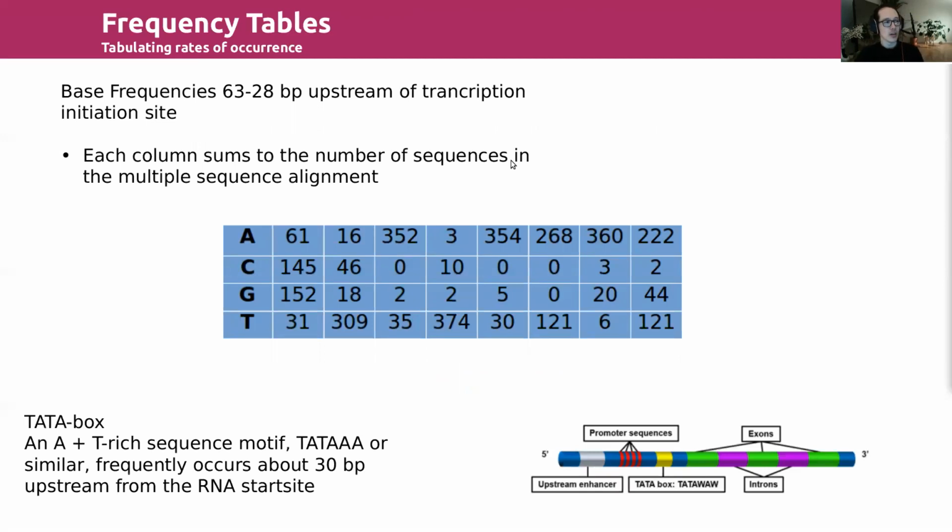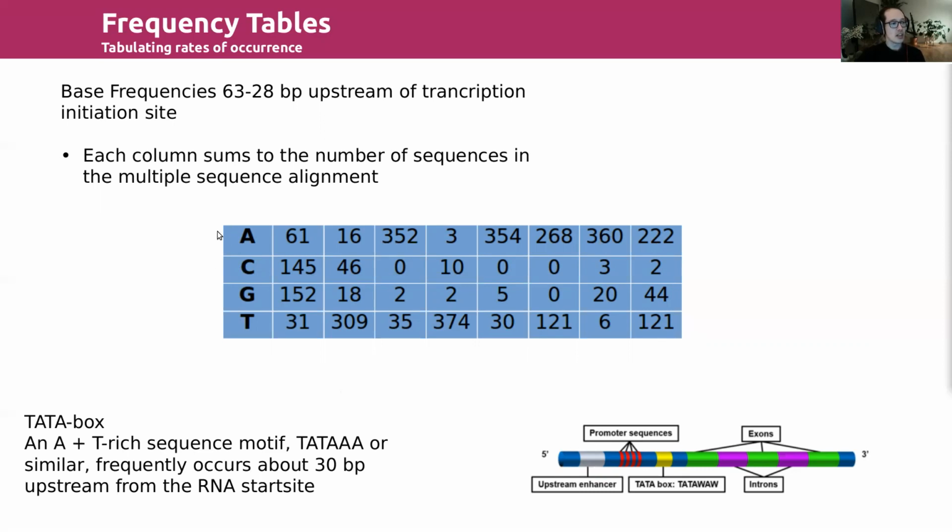Frequency tables. If we have a multiple sequence alignment, we can create a matrix where each column corresponds to a position in the alignment. Instead of the rows being the sequences, we can condense the information into frequency tables.